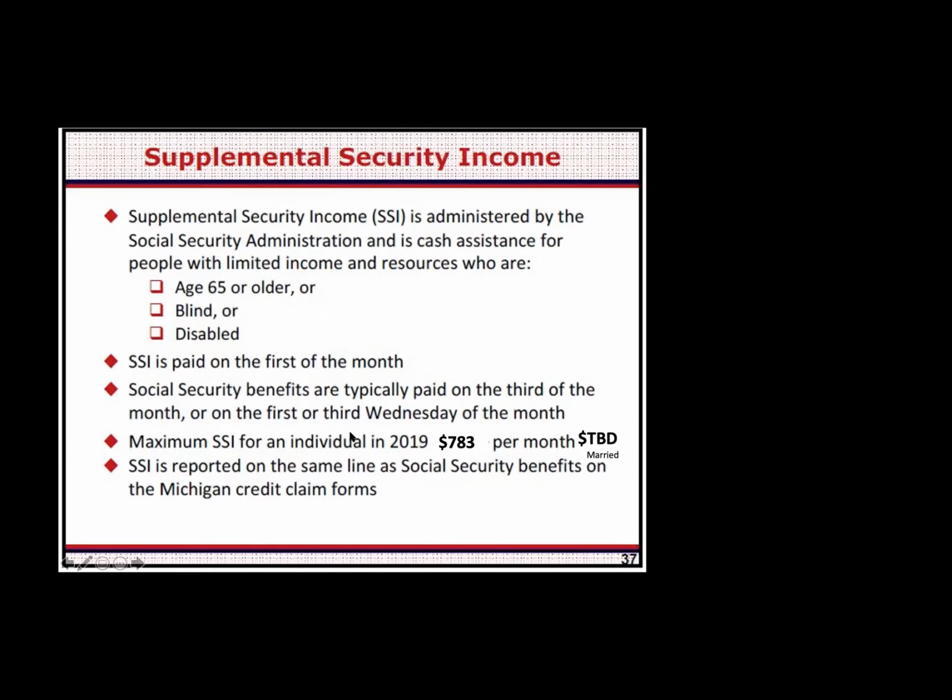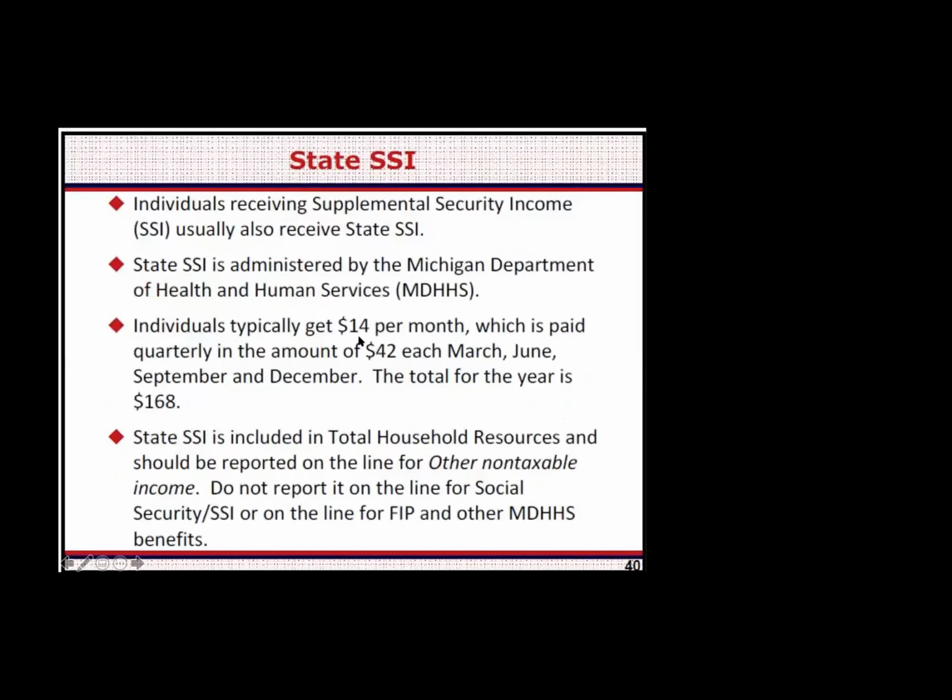But it's one of those things that, you know, for Social Security, there's the SSA-1099, a record, official tax document. They don't do official tax documents for SSI. And then there's the Michigan part, which is typically $42 a quarter. And this is not inflation adjusted. But they'll say, oh yeah, I get that $42 check every quarter. Then you add that as well.